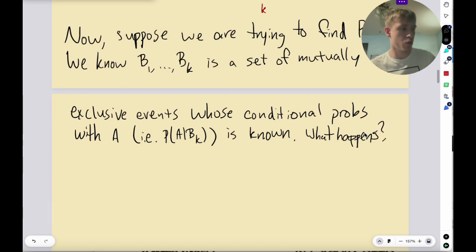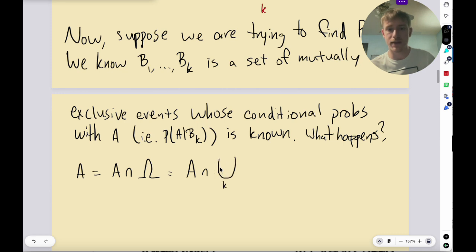Well, we know that A can be written as A intersect with the whole universal set. Because if you take the entire universe and intersect that with just A, you're going to get just A by the exercise above. And the whole universal set is just going to be the union of all the B sub k's.